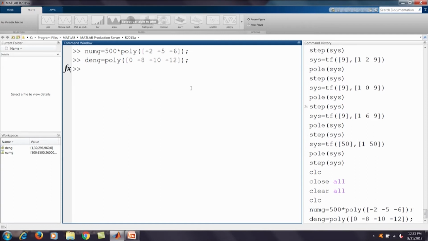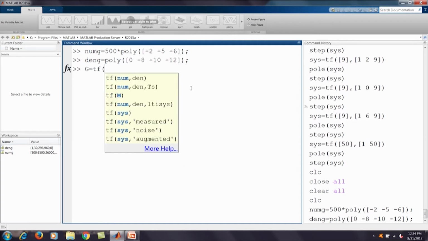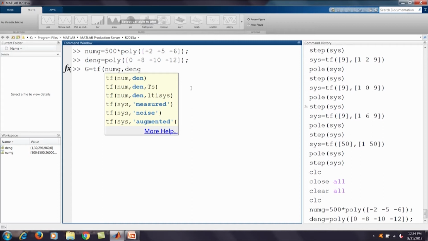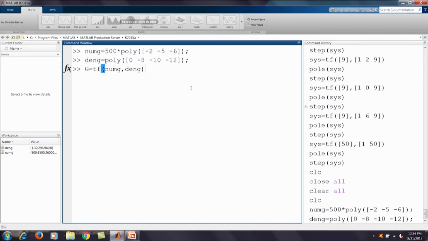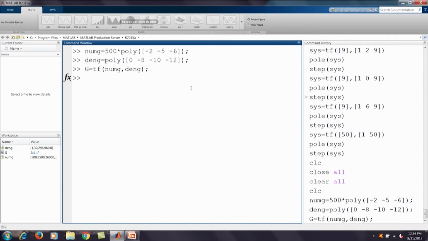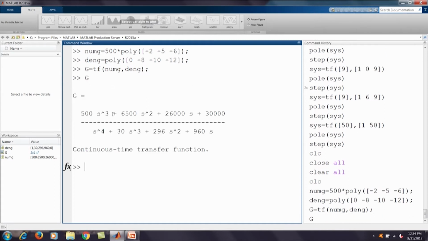Now we can get the transfer function G equal to TF of numG comma denG. So we have obtained this transfer function, and if we enter G we can see the numerator and denominator polynomials.